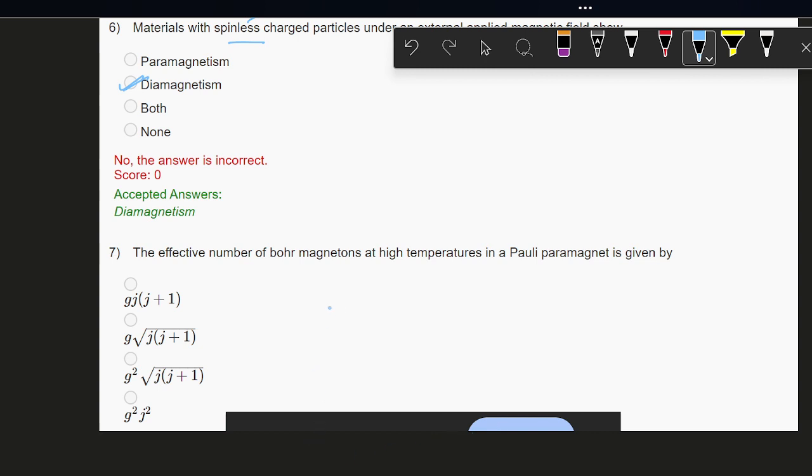So first of all, you know that the Bohr magneton is represented as mu B. This is basically a standard representation of magnetic moment.